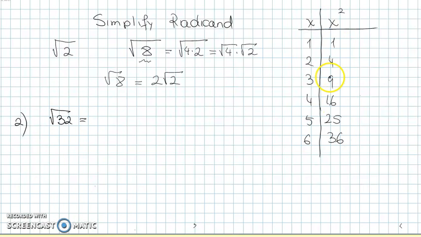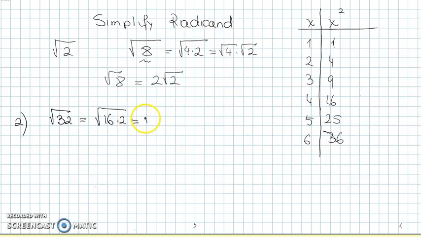So if you are not sure, and it's not always going to be obvious, you can try dividing. Can you go 32 divided by 1? Fine. 32 divided by 4? Yes. You can do 4 times 8, but try to go as far as you can. So I can use 16, obviously. So 16 times 2.